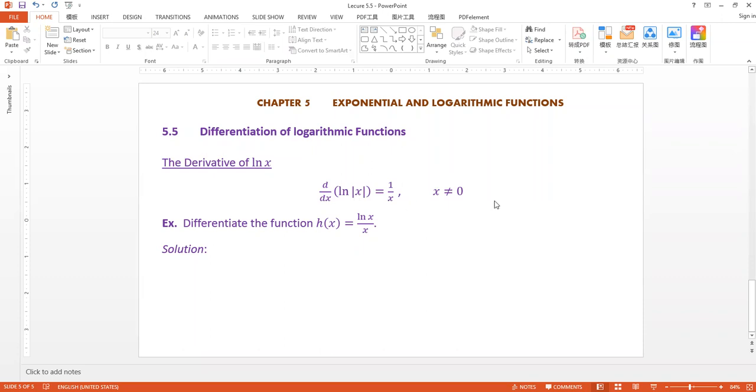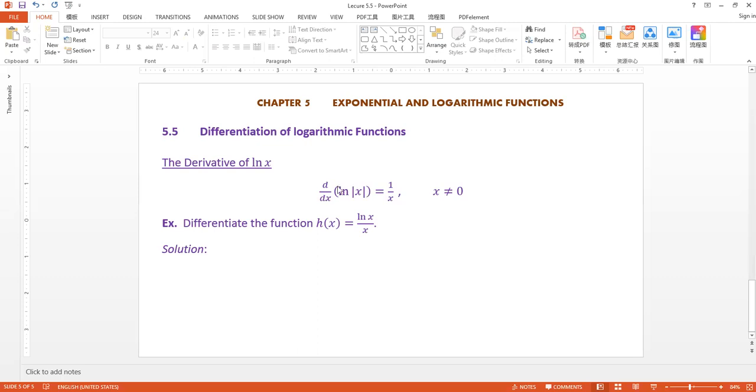So this formula is a little strange because we have the absolute value sign here, but it really means it includes both positive and negative x. It says x can be both positive and negative.